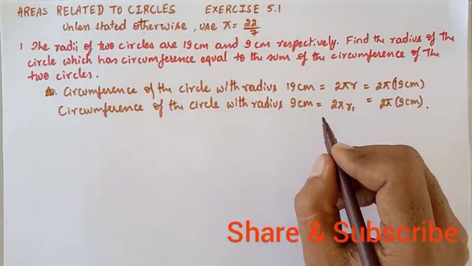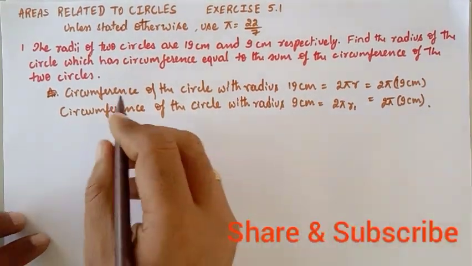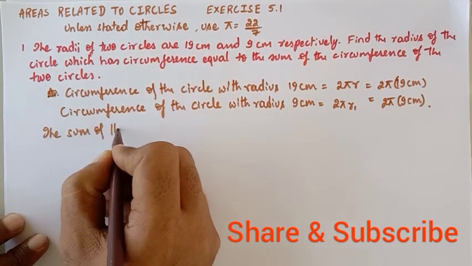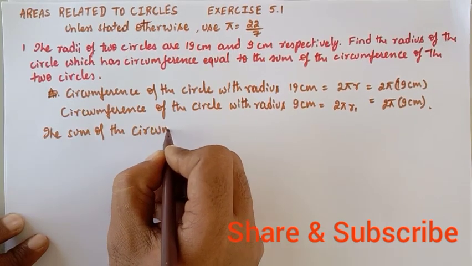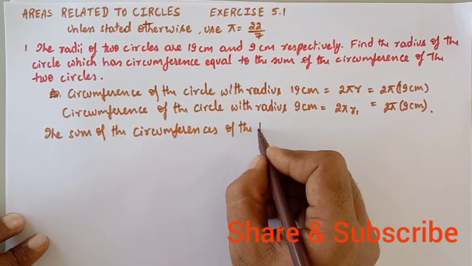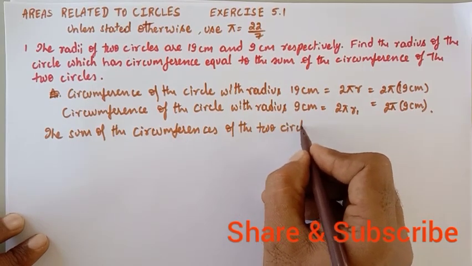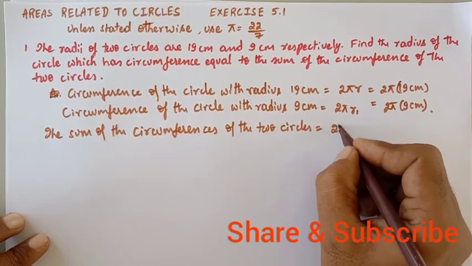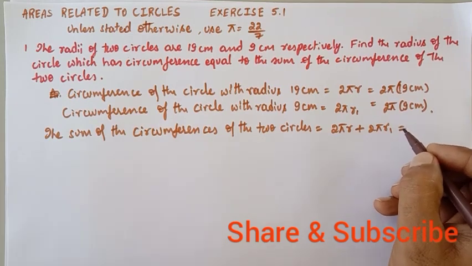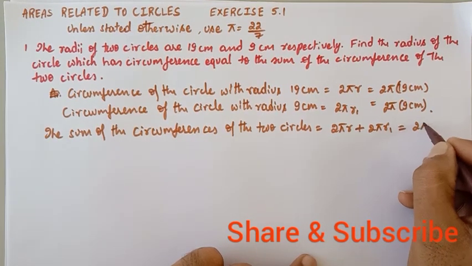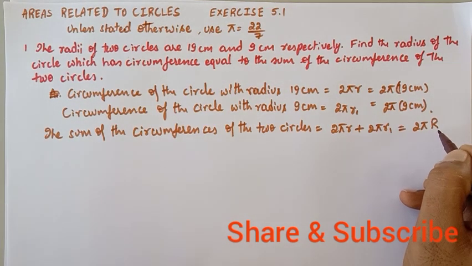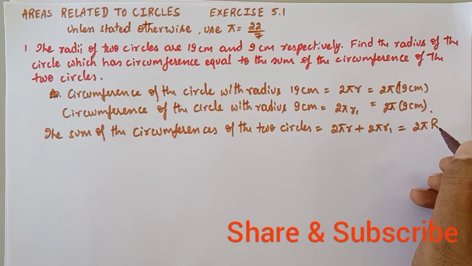So, the sum of the circumferences of the two circles is equal to 2 pi r plus 2 pi r1, which is equal to 2 pi capital R. Let me write it as capital R, as that will be a circle with a bigger radius.